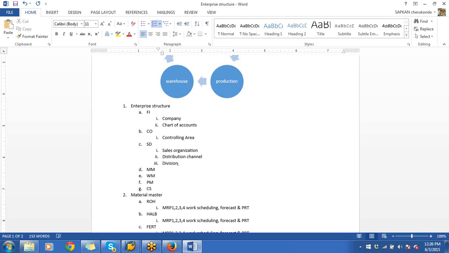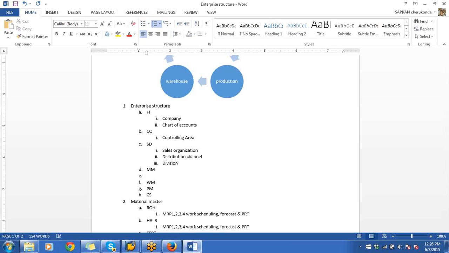So that is division. That means one sales organization can have one or many distribution channels, and one distribution channel can have one or many divisions, because you reach out to wholesale customers for window air conditioners, and even for commercial air conditioners, correct? So that is called division.